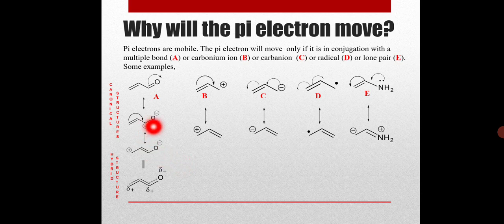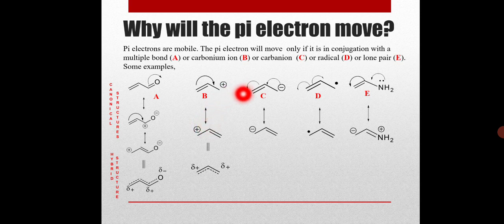In one of the canonical structures this carbon has a positive charge, so in the resonance hybrid structure it has a delta positive charge here. This particular carbon has a positive charge in one of the resonance structures, so in the hybrid it is represented by delta plus. This carbon does not have any charge in any of the resonance structures, and so in the resonance hybrid structure also it doesn't have any charge.